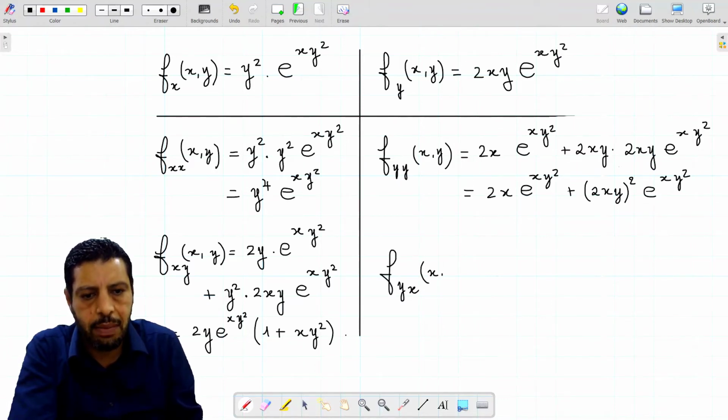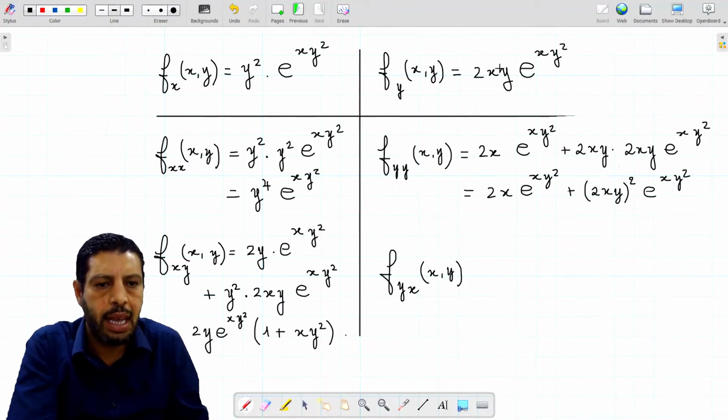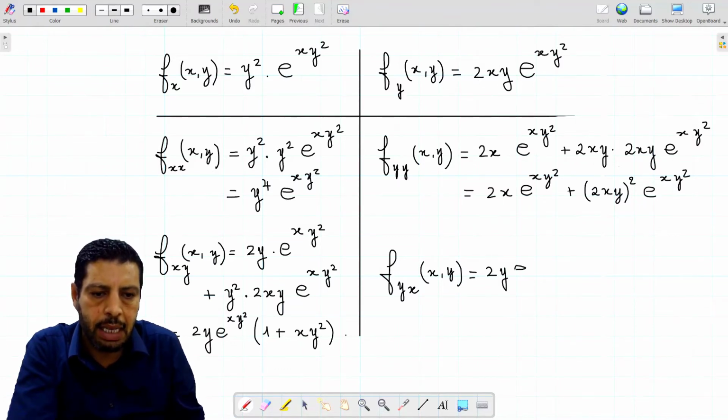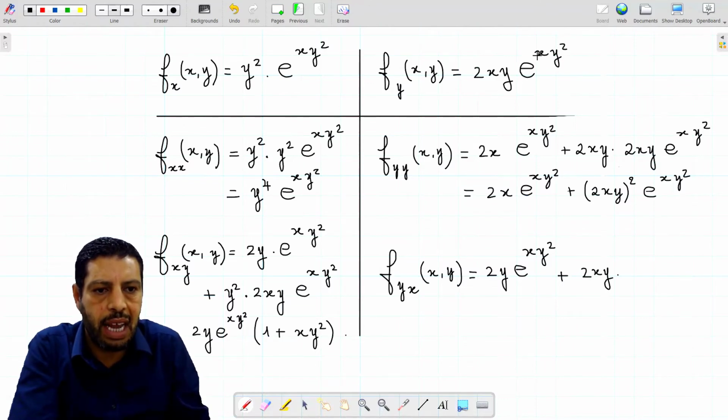Now let's move to the last quantity to compute, which is fyx. So we're going to make the derivative of fy here with respect to x. Again, here it's a product of two functions of x. So the first derivative of 2xy with respect to x gives 2y multiplied by exponential xy squared. We are applying the product rule plus 2xy times the derivative of exponential xy squared with respect to x.